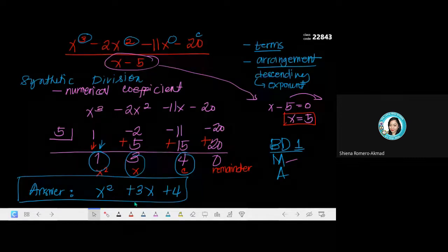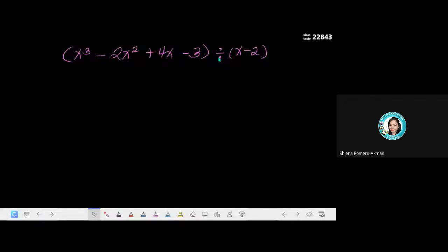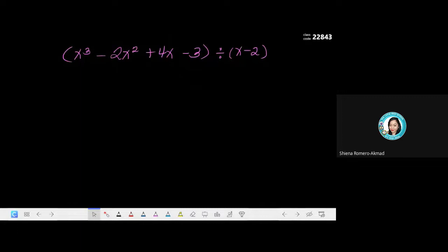So, let us now proceed dun sa ating susunod na example. Ito, yung kaninang binigay nyo. And ang gawin naman natin, ganun ulit. Synthetic division ulit. So, ang kailangan lang natin is to make sure that the terms are complete.